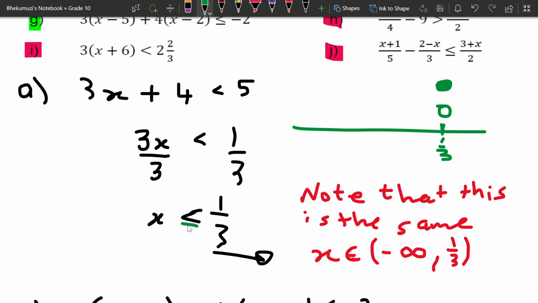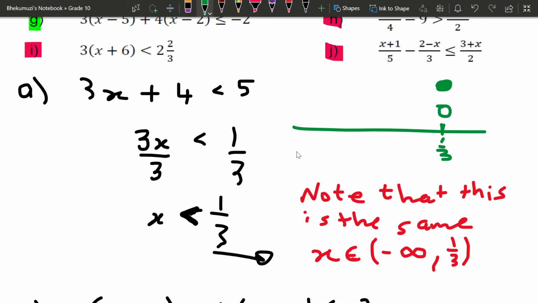If there's an equals to, then it's closed and it's included. If there isn't any equals to, which is just less than, that means it is not included and it's an open circle.